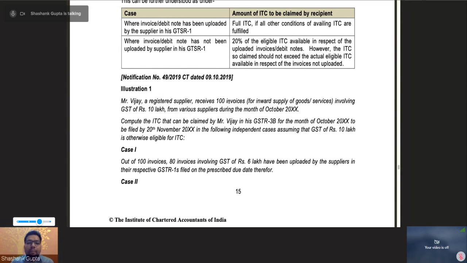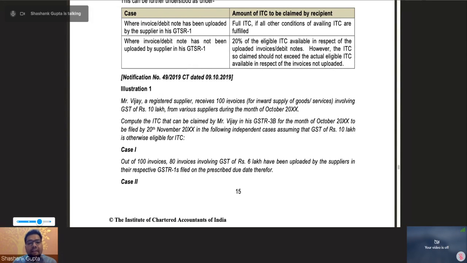Simply, the provision says, whatever amount of ITC is appearing in your GSTR 2A, the maximum amount of ITC that you can avail is 120% of the amount appearing in GSTR 2A, subject to the condition that 120% should not exceed your eligible ITC for that month. What does this mean? Please be with me.